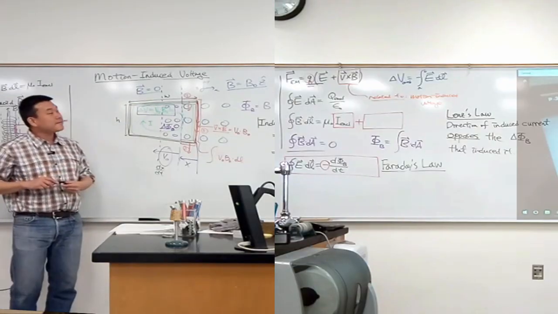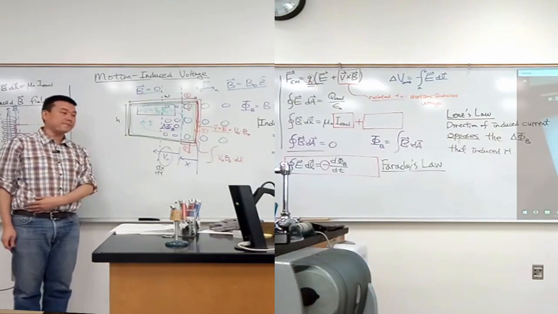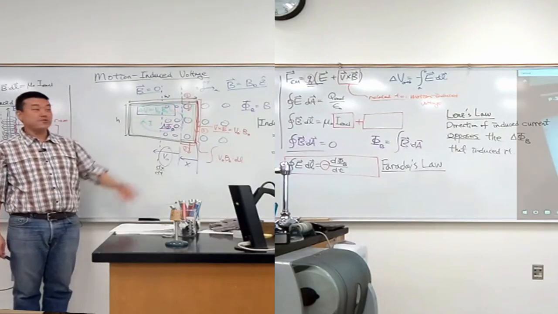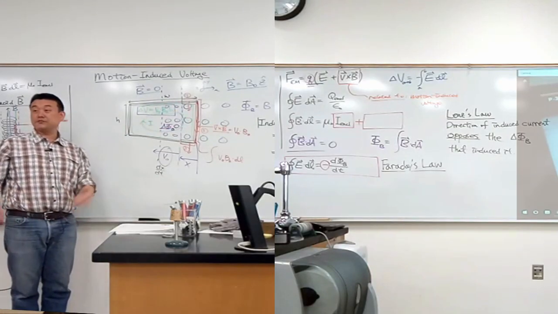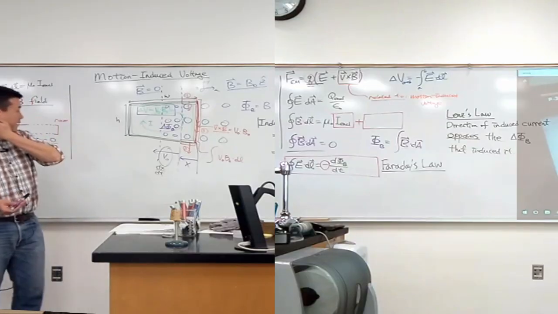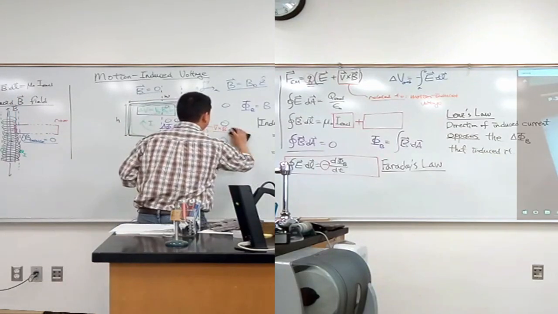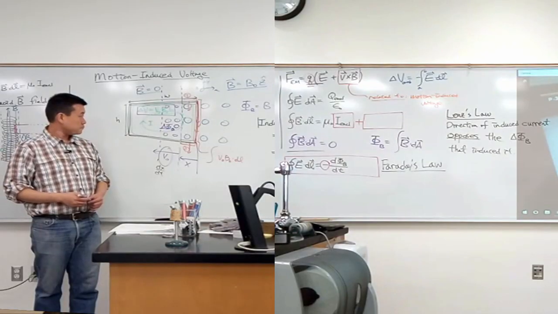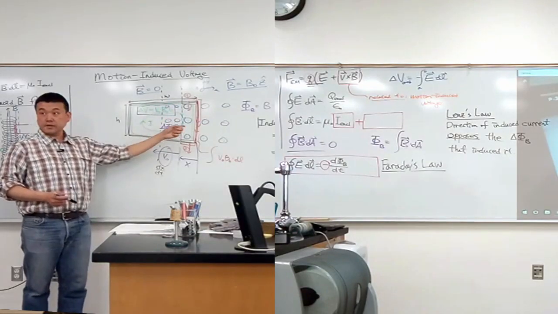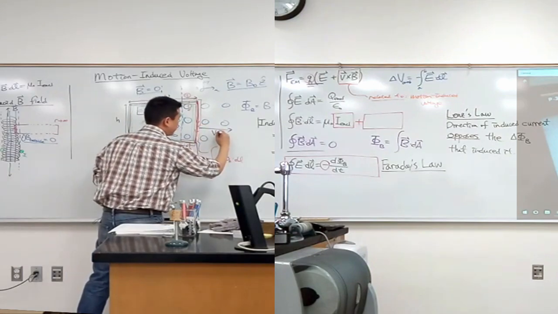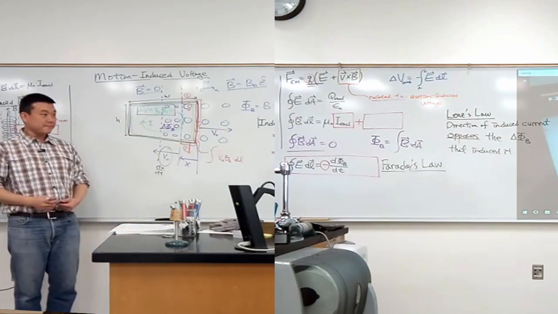Yeah, and actually this Lenz's law makes physical sense. In fact, if it was the other way, you'd get a really absurd result. Let me show you why. So let's go back to the initial picture for motional voltage. This clockwise current was set up by this loop that's moving to the right, right?